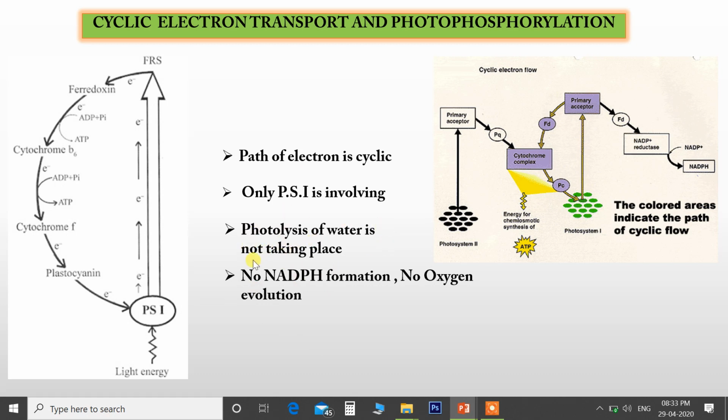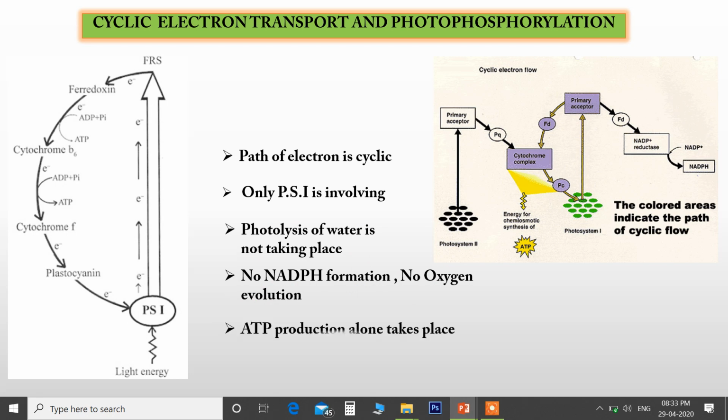Since these two processes are directly linked with photolysis of water, and also connected with pigment system 2, that is why here pigment system 2 is not involving. So these processes are lacking, and only pigment system 1 is involving, and the path is also cyclic.